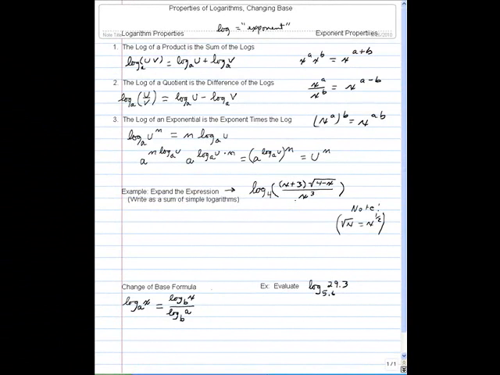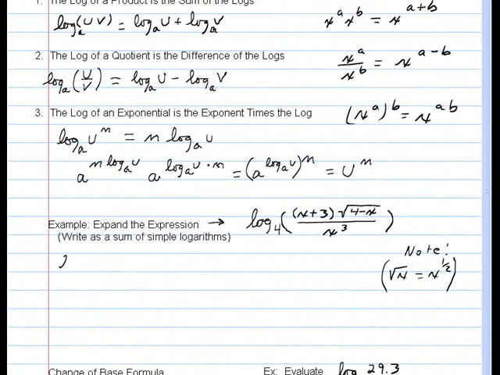The log of a quotient is the difference of the logs. So I write this as log 4 of the upper number, which was x plus 3 times. And now, see this square root of 4 minus x? Recall that the square root of a number is the number to the half. So I'm going to change this to 4 minus x to the half.